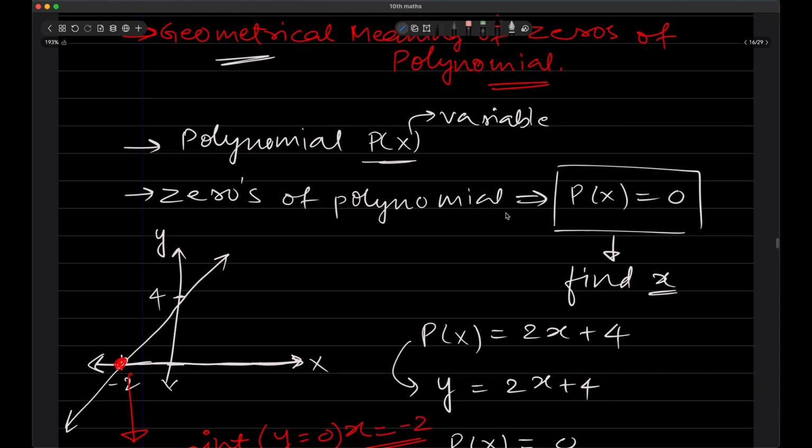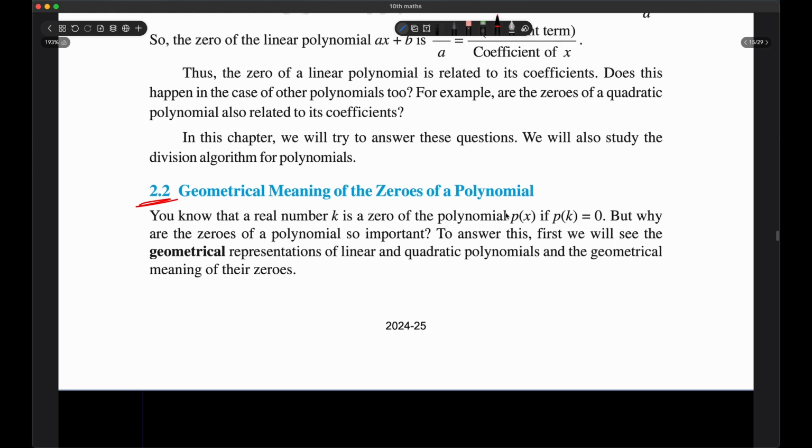So let us check the theory, that is the geometrical meaning of zeros of the polynomial. We put p of x equals to 0 for the zeros of the polynomial.